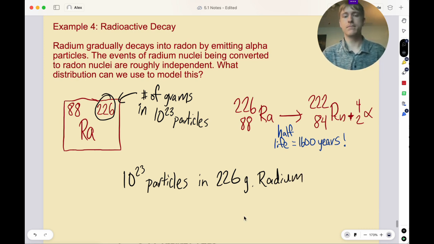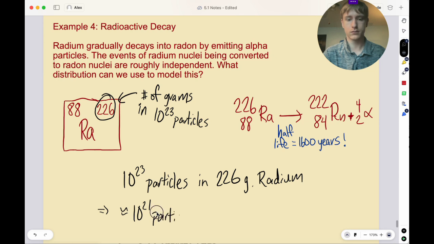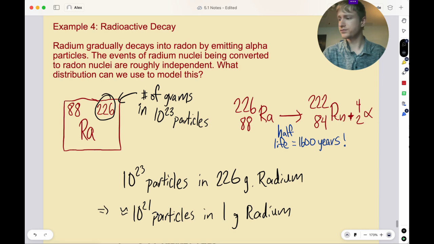How many particles would there be in just a single gram? Well, this would be divided by roughly 100, so that's going to imply that we have approximately 10 to the 21 particles in just a single gram of radium. And when I say particles, I mean atoms of radium.